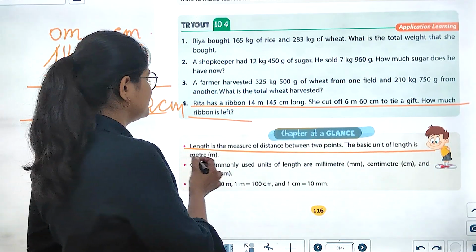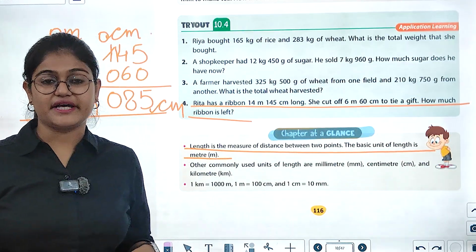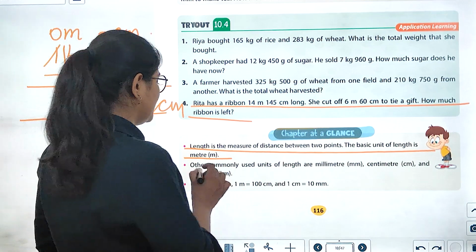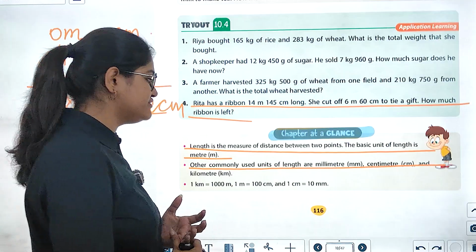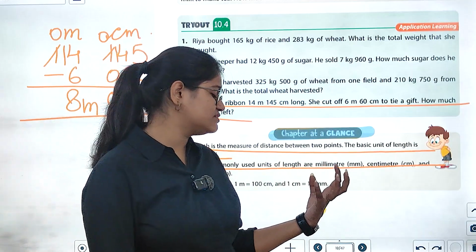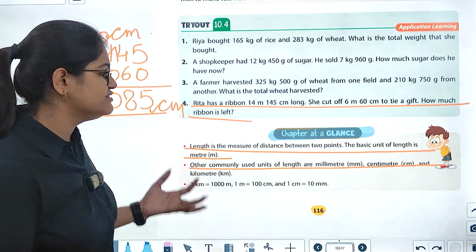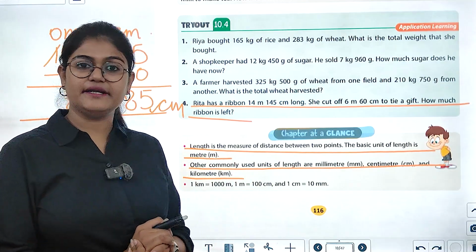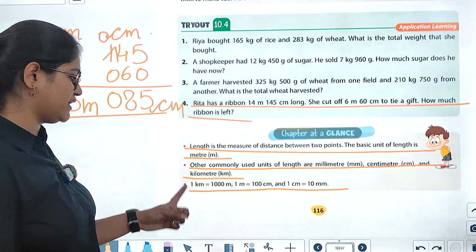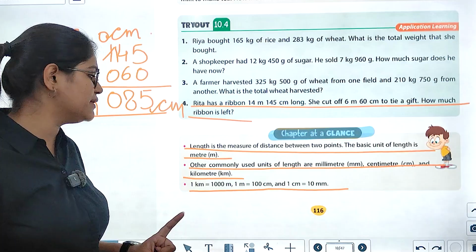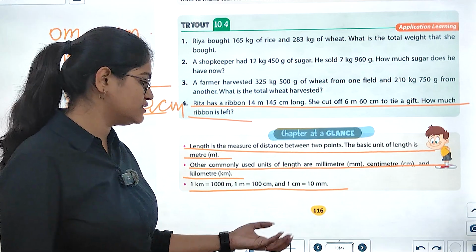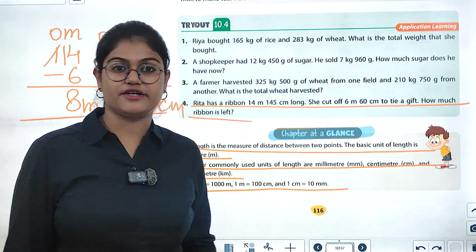The basic unit of length is meter. That is, the basic unit of length, the unit in which we usually measure length, is meter. Then other commonly used units of length are millimeter, centimeter and kilometer, right? Then 1 kilometer is equal to 1000 meters. 1 meter is equal to 100 centimeters, then 1 centimeter is equal to 10 millimeters. Clear?